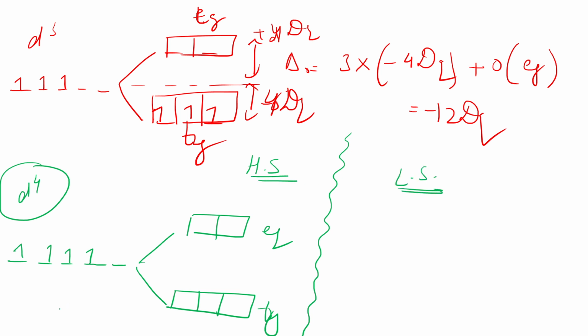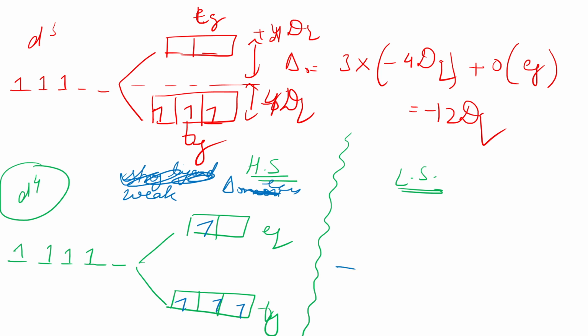If it is a high spin complex, electrons will be filled like this. High spin means weak ligand, delta naught less. So 1, 2, 3, 4, 4 electrons will be filled like this.